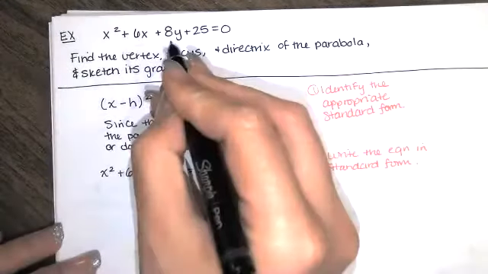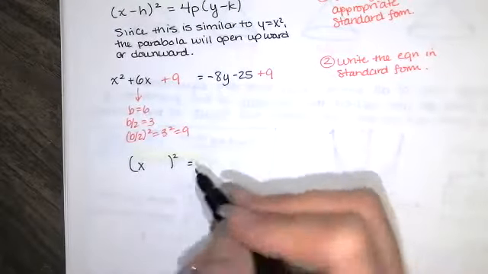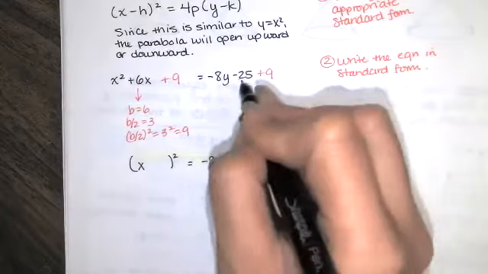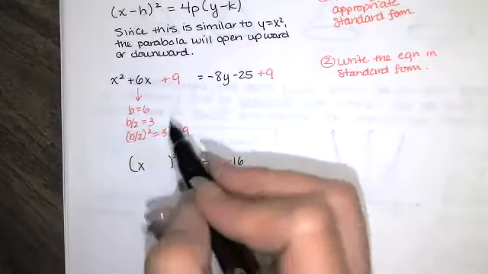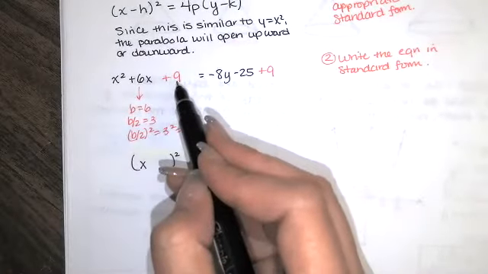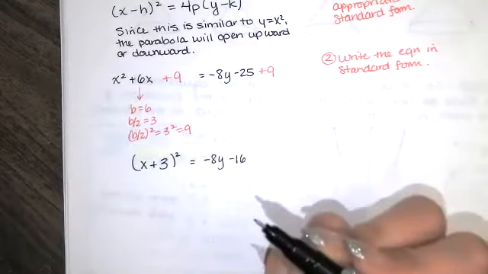Now on the left-hand side, that's a perfect square. And on the right, that can be simplified. That's negative 8y. Negative 25 plus 9 is negative 16. And I ask myself, what two numbers multiply to give me 9 that add to 6? Positive 3 and positive 3 will work.